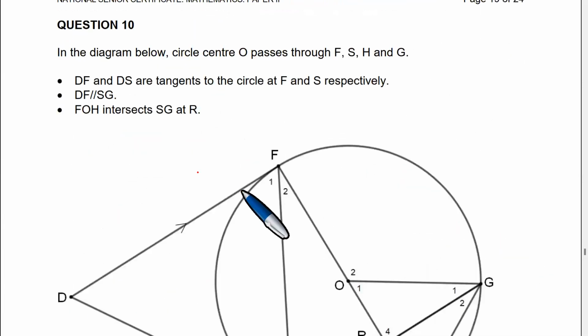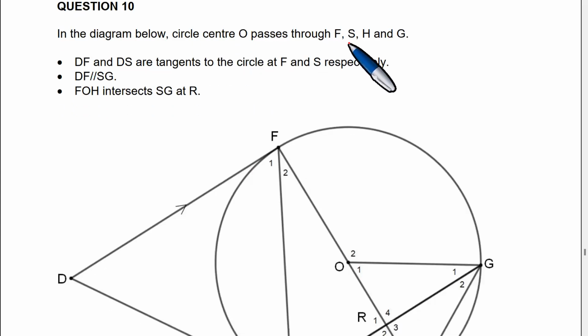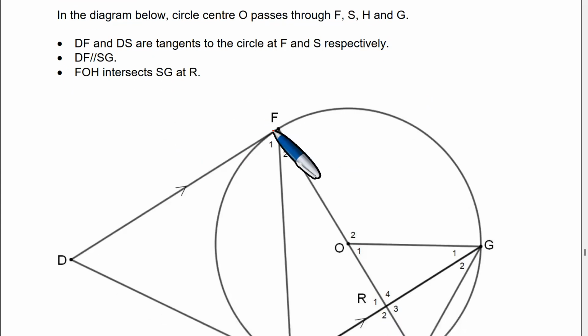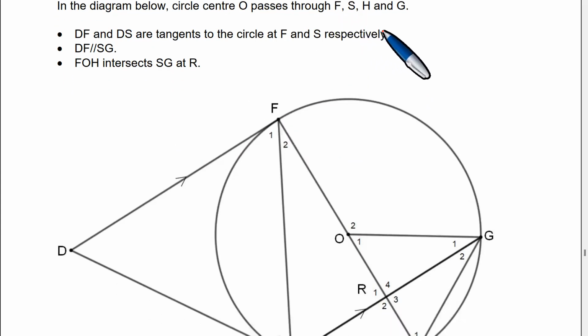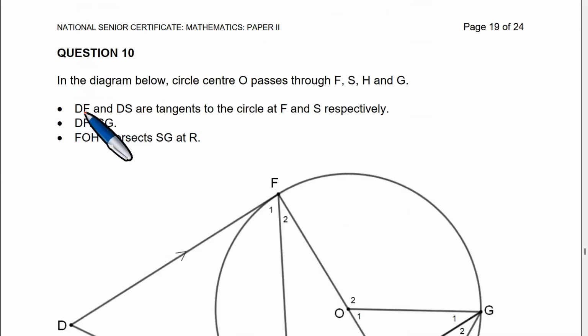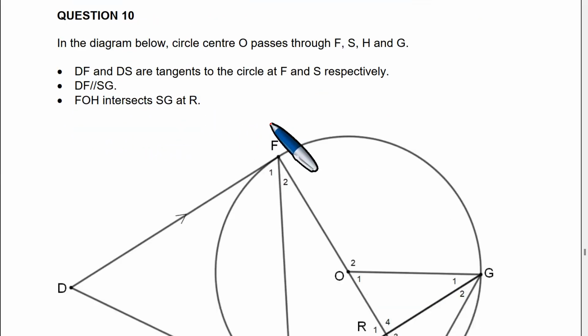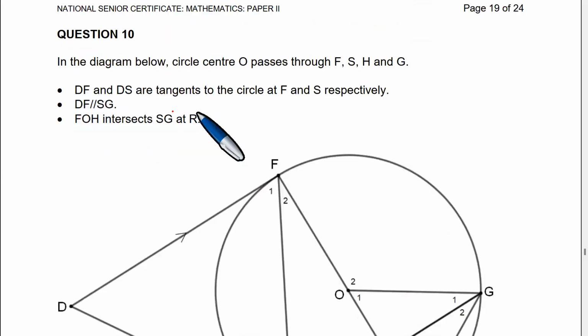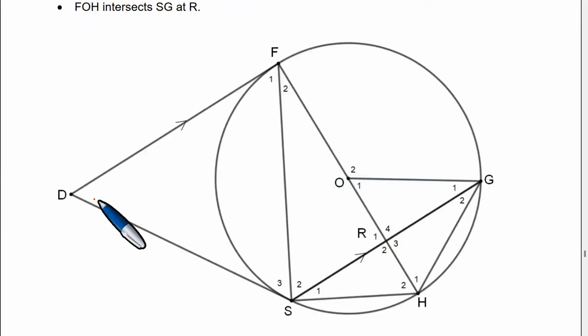Let's read. In the diagram below, circle O passes through F, S, H, and G. DF and DS are tangent to the circle at F and S respectively.